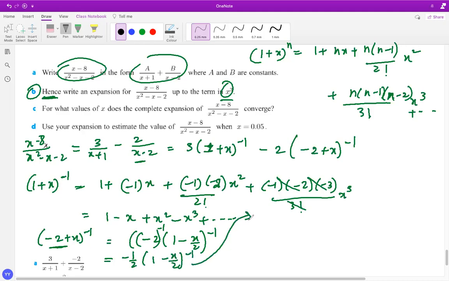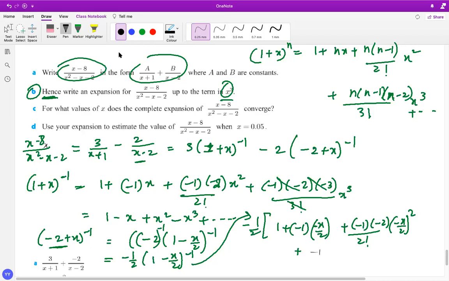Now the expansion of this part is: let's take the -1/2 as it is, don't touch it. And you've got 1 + nx, n is -1, so -1 times x is actually -x/2, plus (-1)(-2)/2 factorial times (-x/2) squared, and the third one is (-1)(-2)(-3)/3 factorial times (-x/2) cubed.